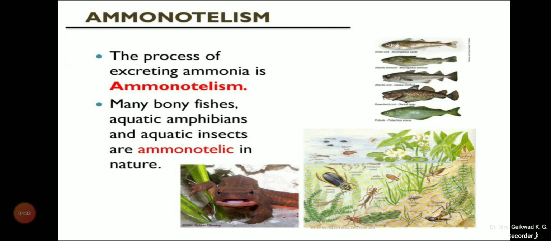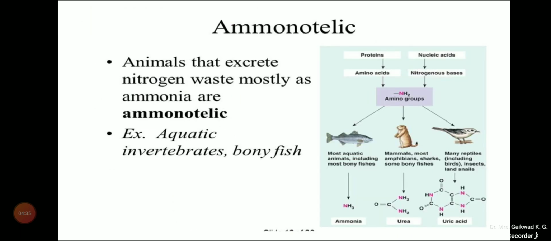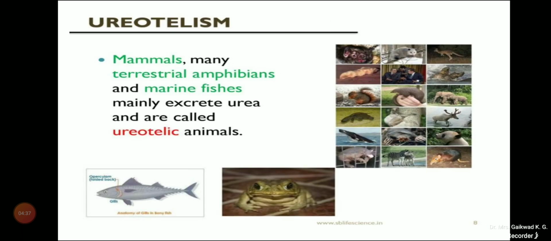Next is ureotelism. Elimination of nitrogenous waste in the form of urea is called ureotelism. Urea is less toxic and less water soluble than ammonia. Hence, it can be concentrated to some extent in the body.